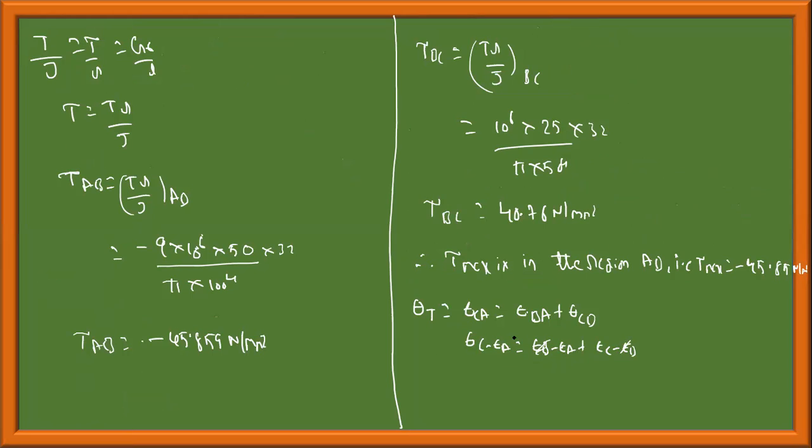But in order to find theta C, I need to take theta BA plus theta CB.